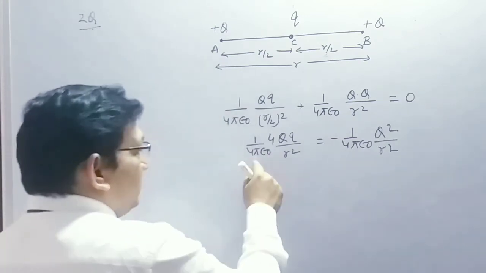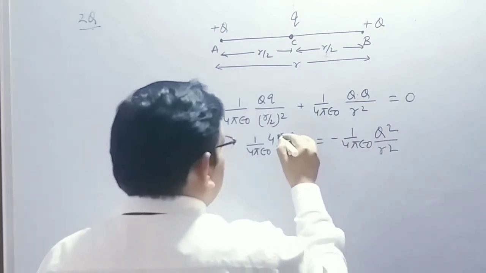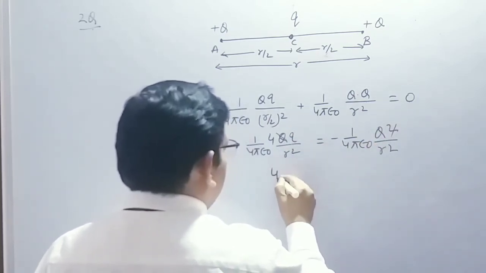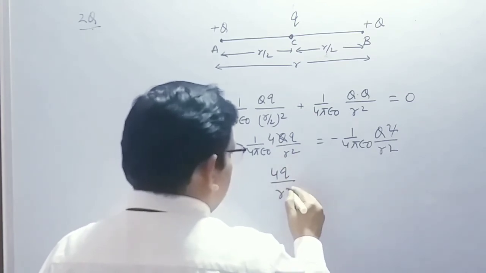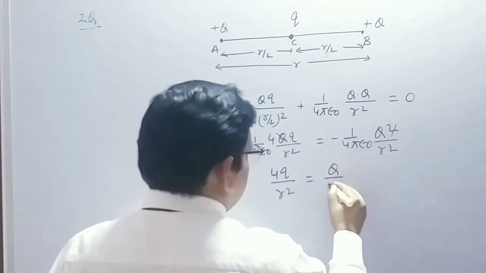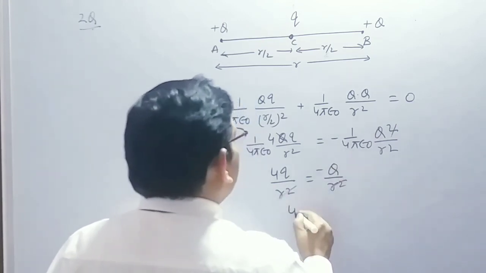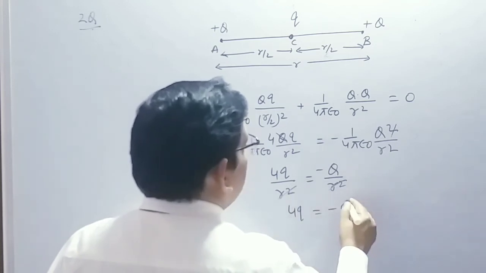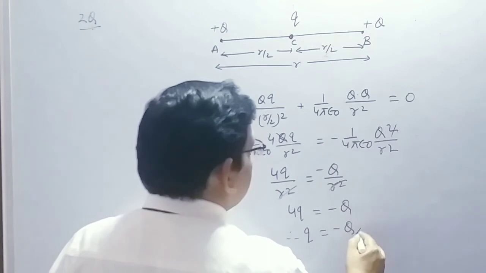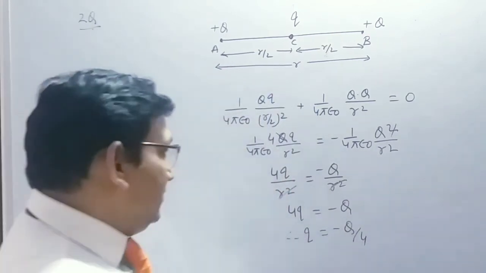Now cancel 1 by 4 pi epsilon, cancel 1q, you are getting 4q by r square equal to q by r square. With me? Also cancel this one. So 4q is equal to minus q. So what is the value of q? Minus q by 4. We already get that the charge q is negative.